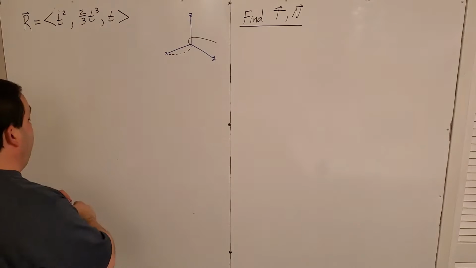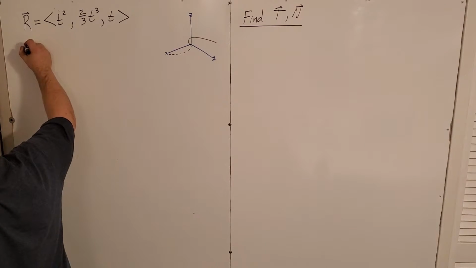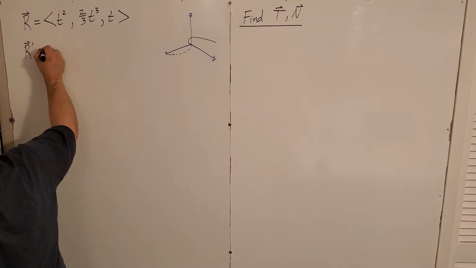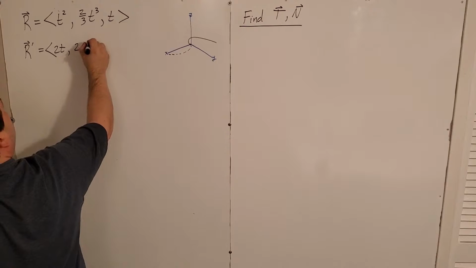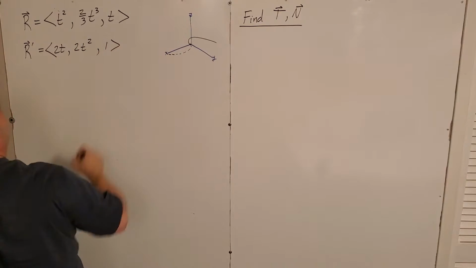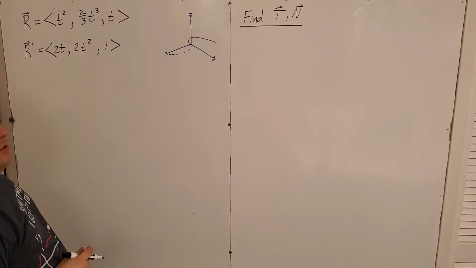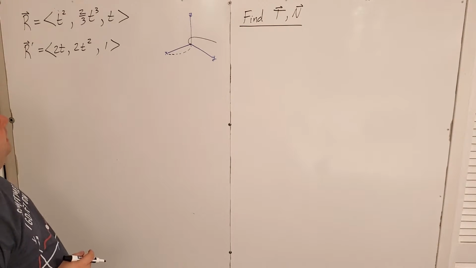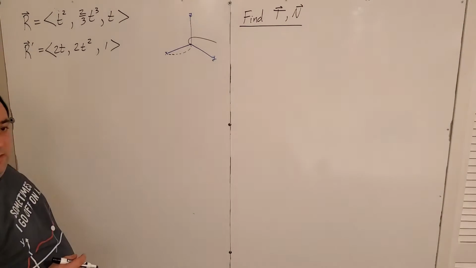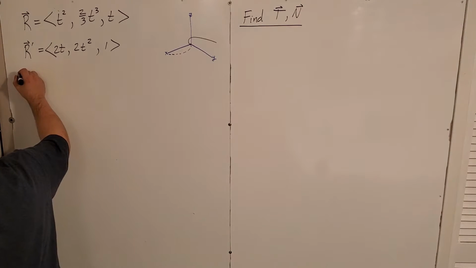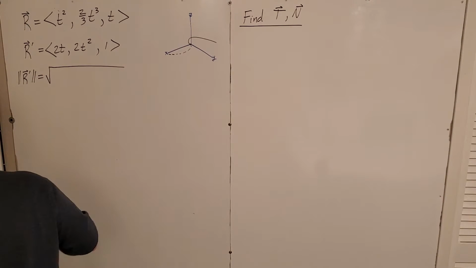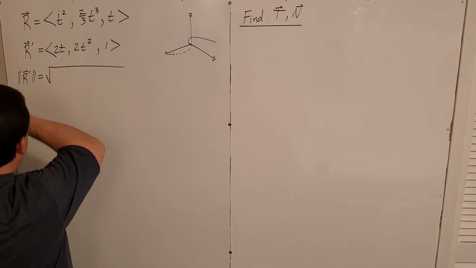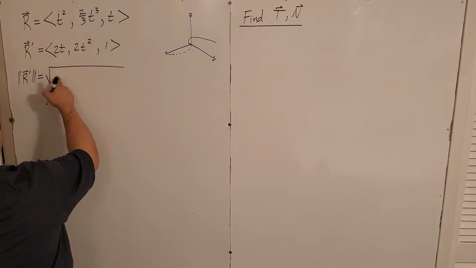So let's begin. Start with r prime, 2t squared, 1. Okay? So then from here, I would be interested in finding the length of r prime, right? Which is going to be the square root of 2t squared, right?